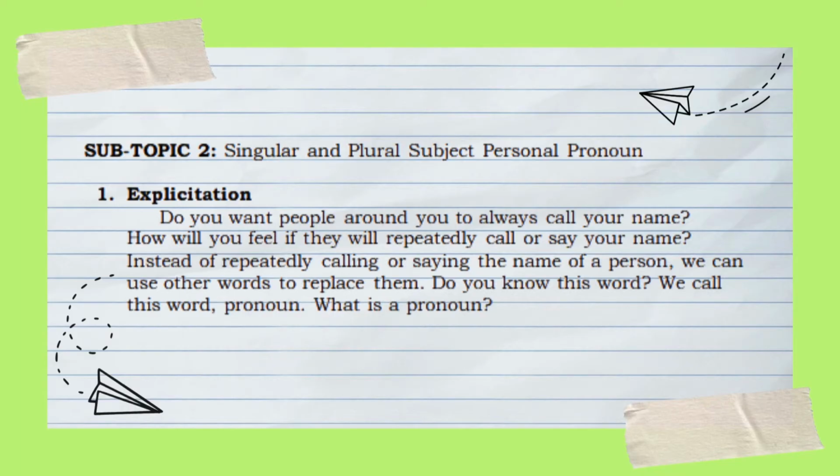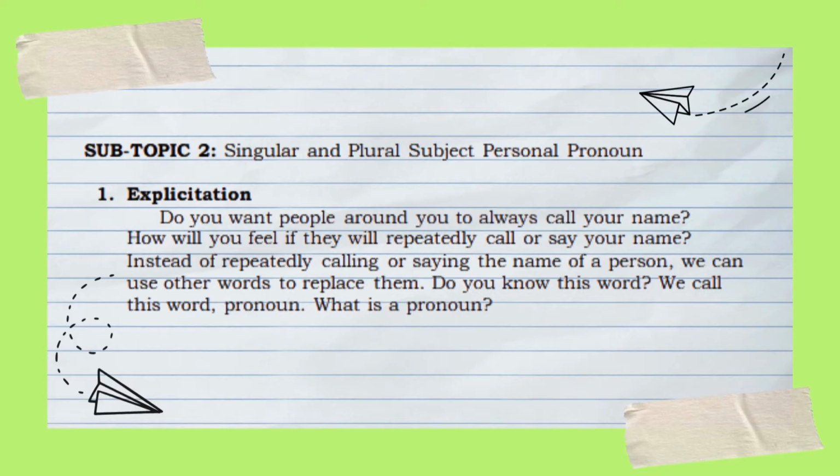So we go now to the pronoun. So what is a pronoun? Okay, so it takes the place of a noun. So we use that so that the names of the nouns are not repeated, the name is not said over and over, no?